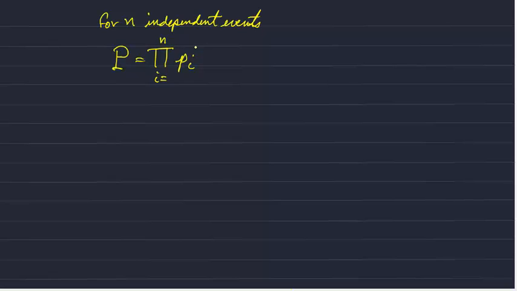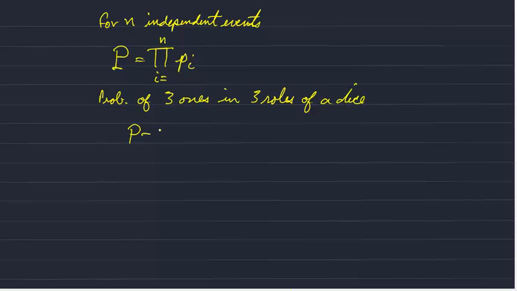Okay. So, for example, what's the probability of getting 3 ones in a row when you roll dice? That probability is equal to the probability of a 1 in the first roll, a 1 in the second roll, and a 1 in the third roll.